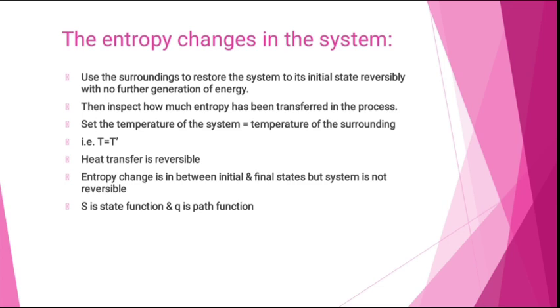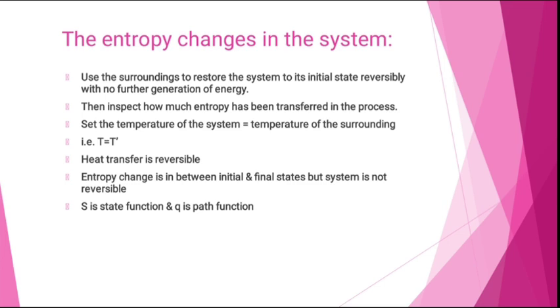That means solid, liquid and vapor states are there. As the interaction of the molecules decreases, the system's entropy goes on increasing. So solid has less entropy as compared to liquid, and liquid has less entropy as compared to the gaseous state. So entropy is simply a measure of disorder.